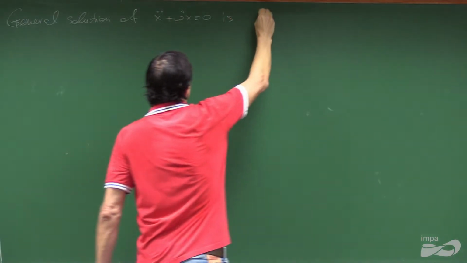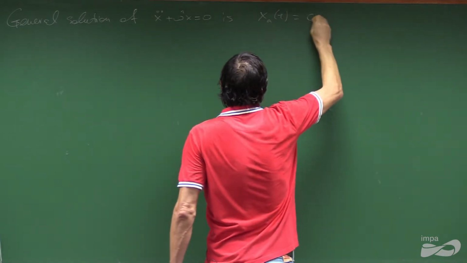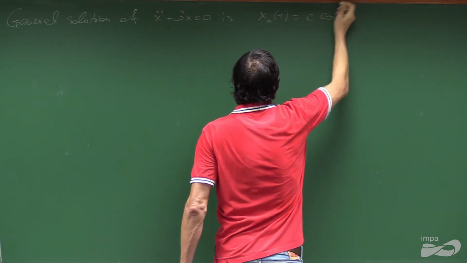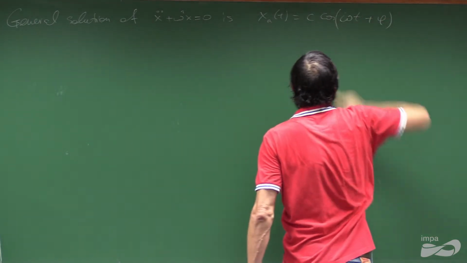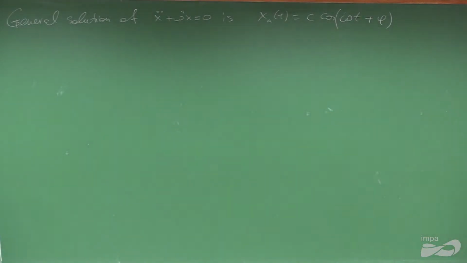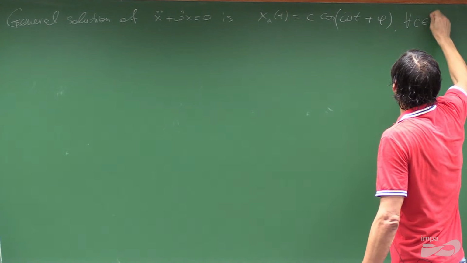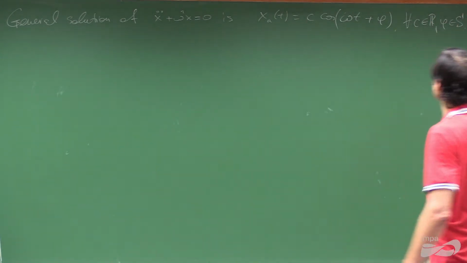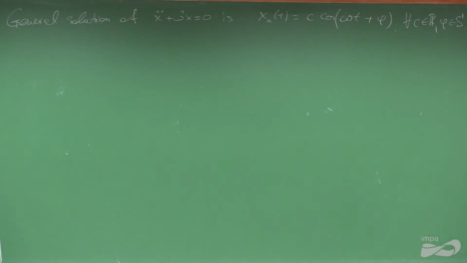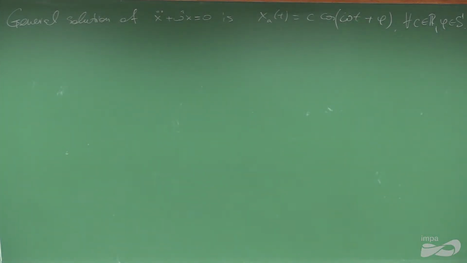We know that it is cosine small omega t plus any phase, for any prefactor and any phase, any angle. So the general solution we know, so we know the second part. So it remains to find the particular solution.